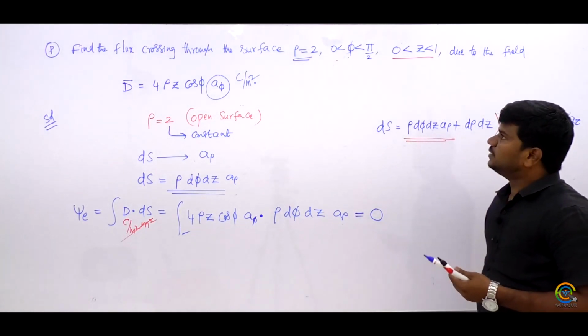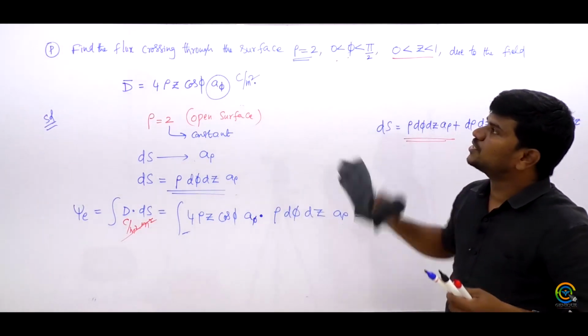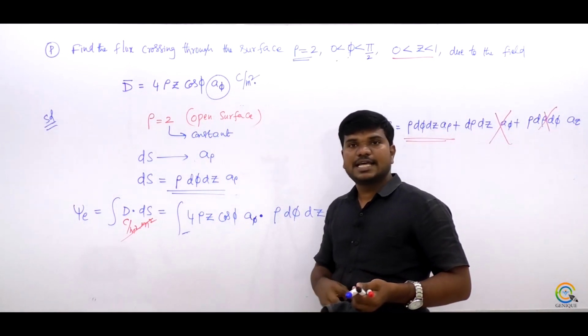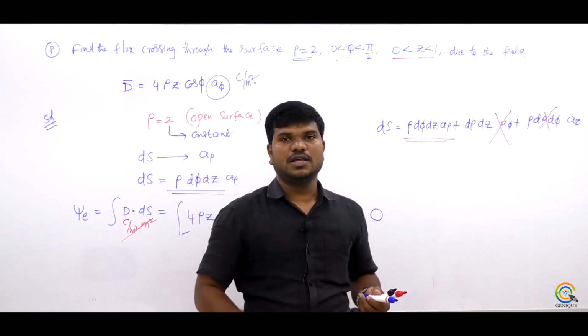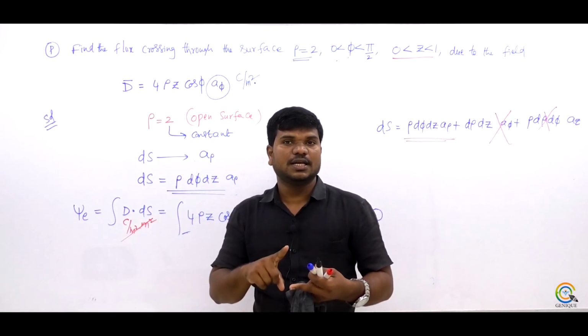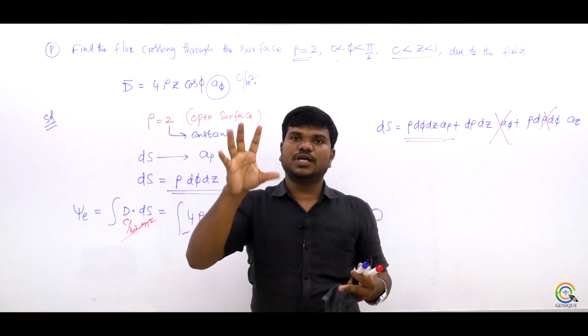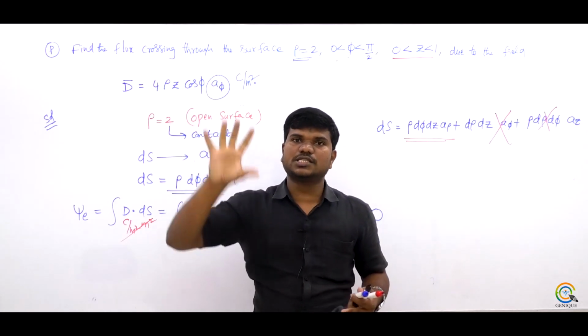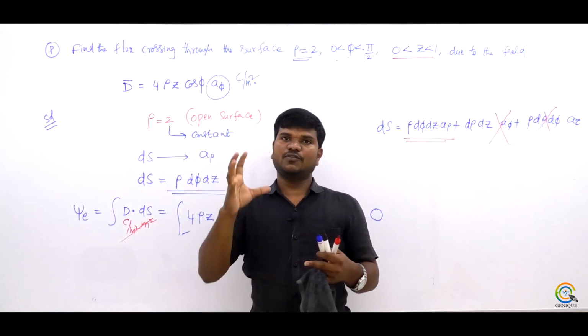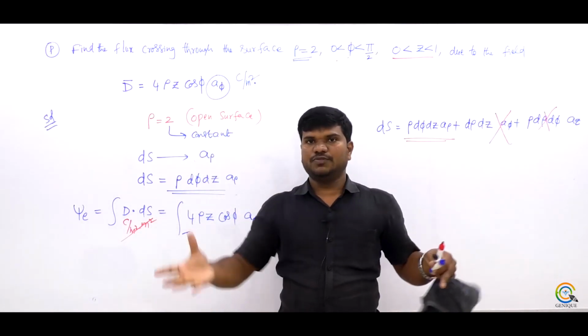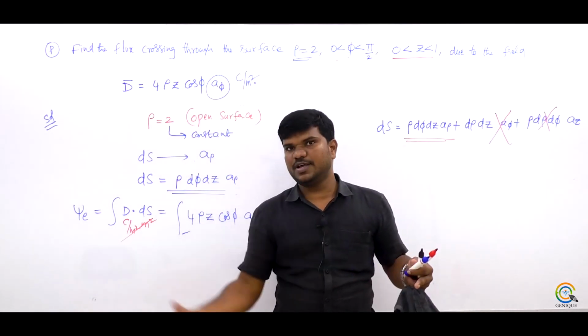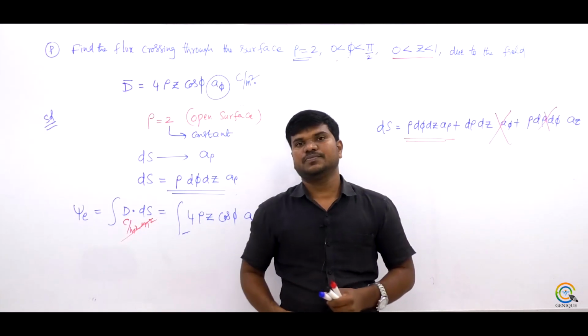So like this. This is the flux crossing the surface. When we say flux crossing, it means the given surface area is open. When we say flux leaving, the surface is given as a closed surface.